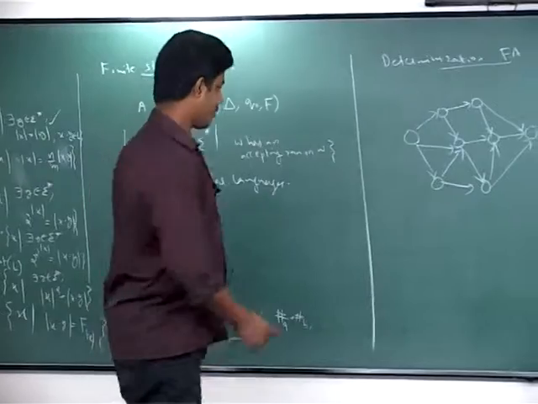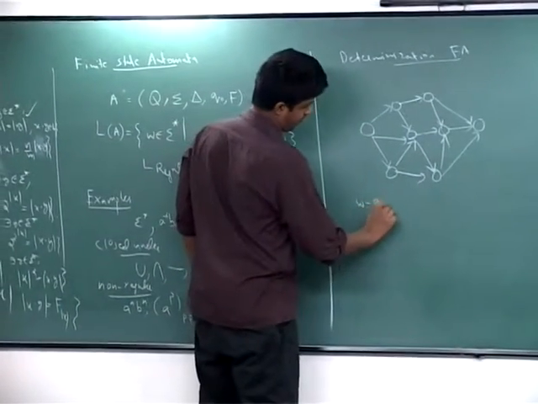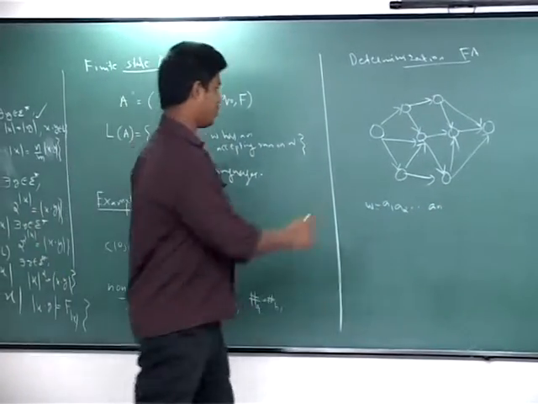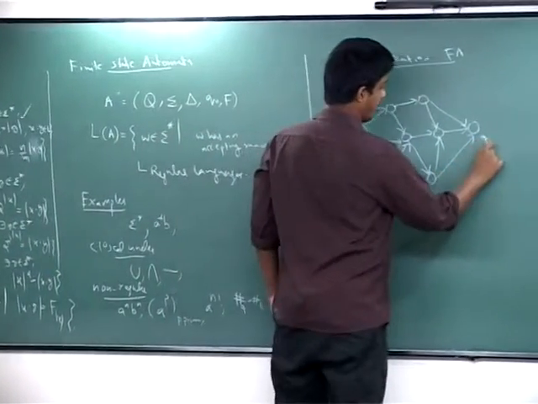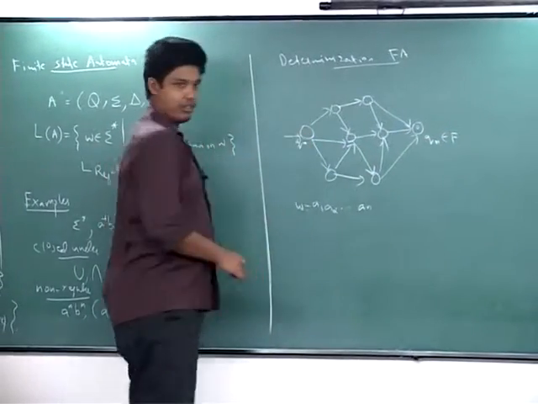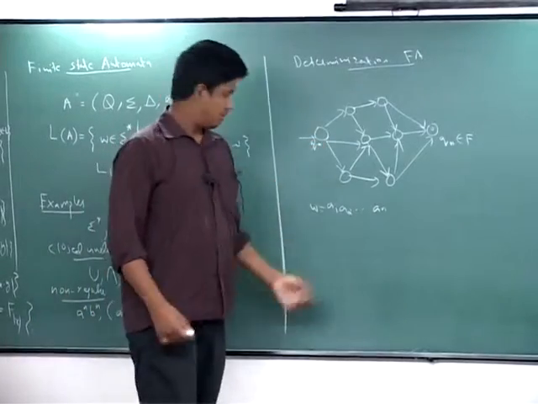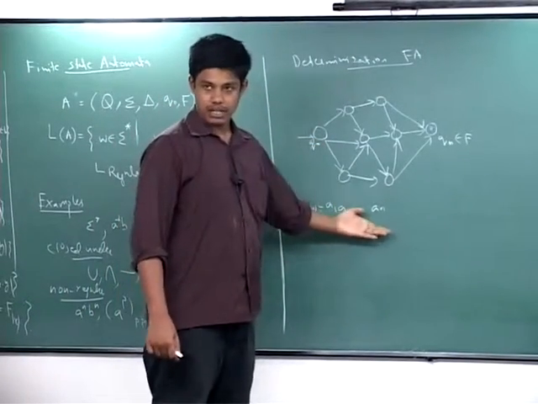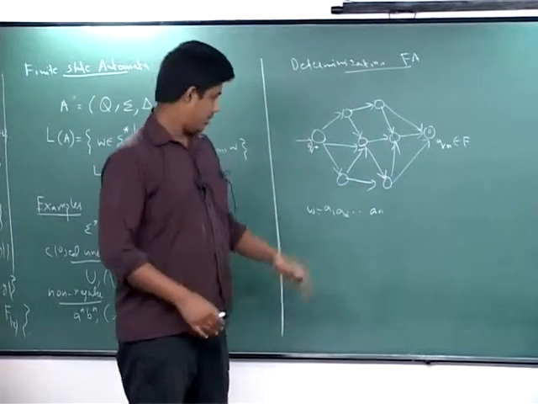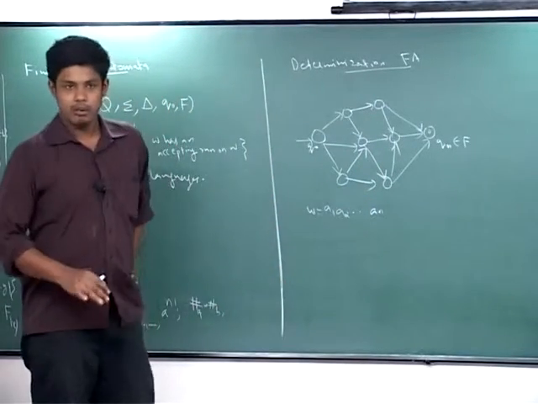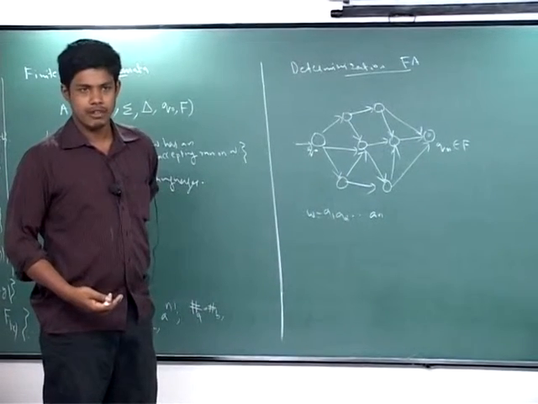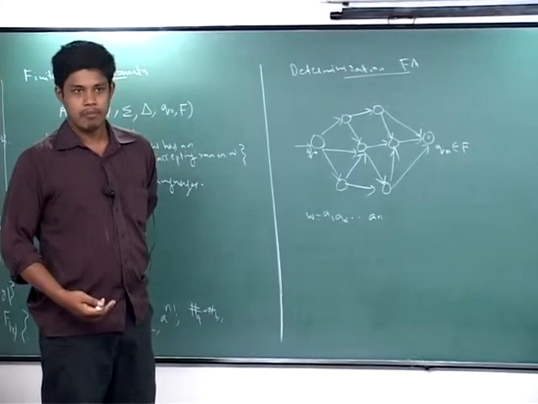Then if I give you a string a1, a2 to an, and ask you to find out if there is a run from some q0 to qn in F, the problem arises because you don't know which path to take, right? So you will have to find all paths of this length and then check if you reach some qn in F. So there is a standard determinization, and you remember the proof? Standard way to determinize a finite state automata? Subset construction? Yeah?